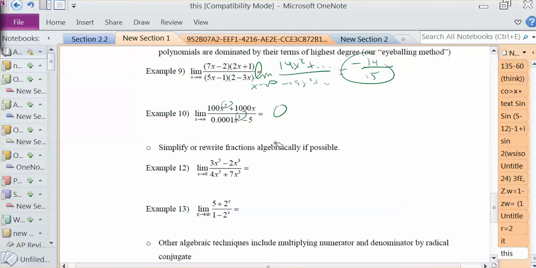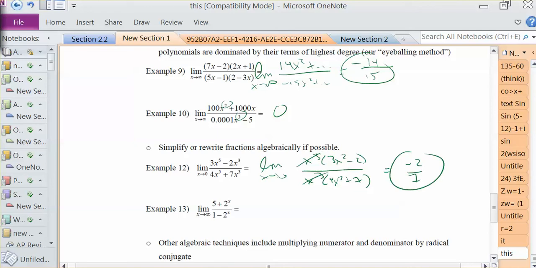For example 12, I guess there's no example 11. You factor out x cubed, 3x squared minus 2, x cubed, 4x squared plus 7. The x cubes cancel. Now I can plug in 0, you should get negative 2/7. This is kind of weird with the exponential expressions.